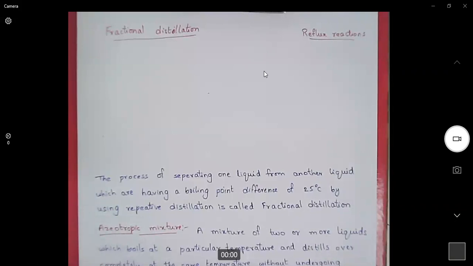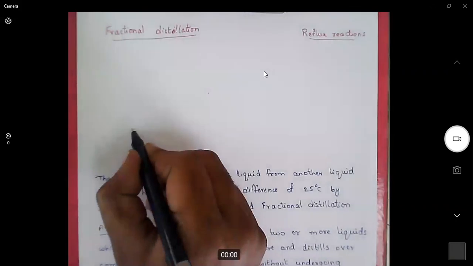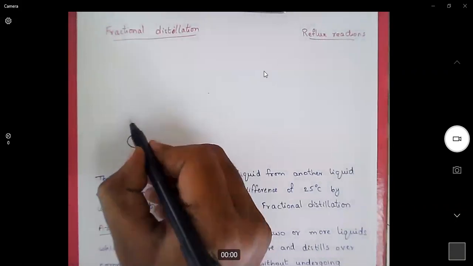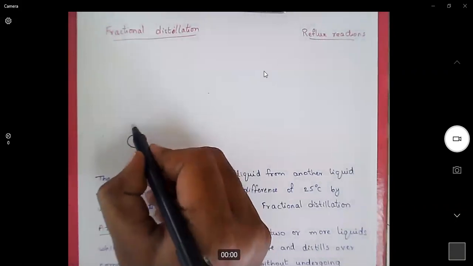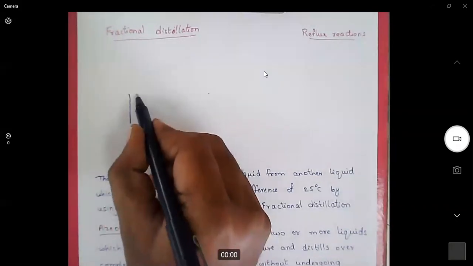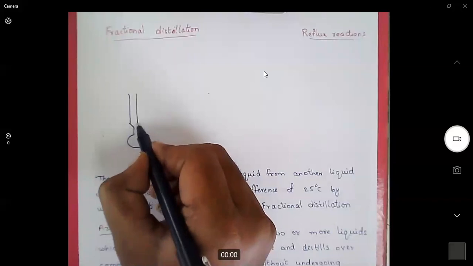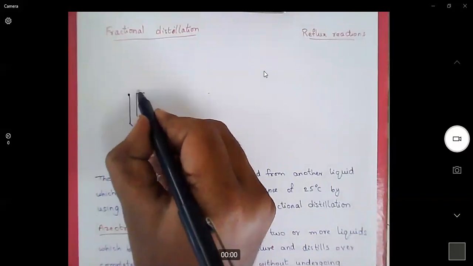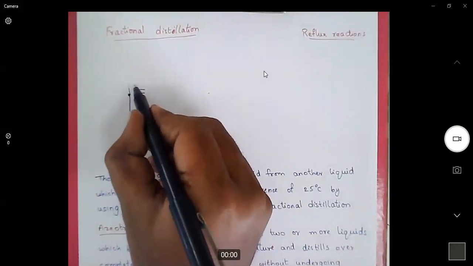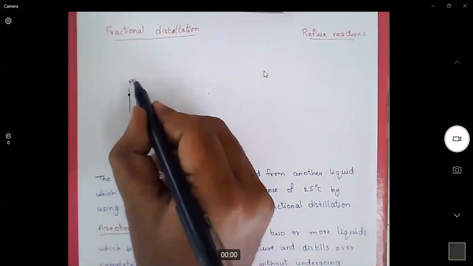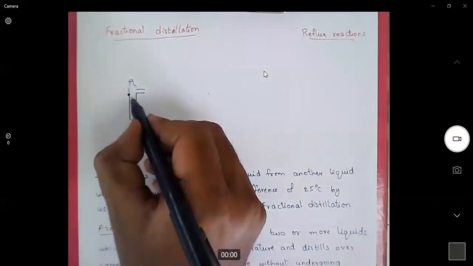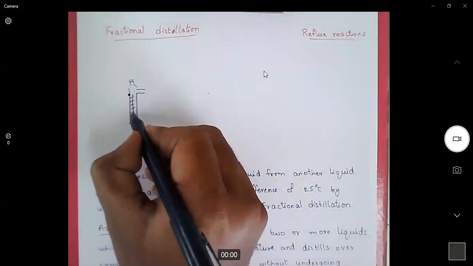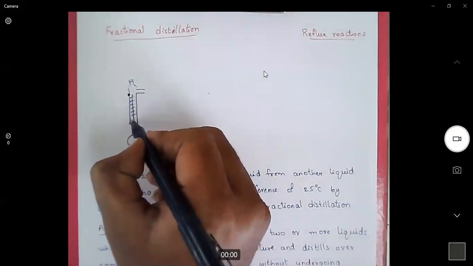What is fractional distillation? It is a little extension to the distillation process where we have a fractionating condenser. In this condenser, there will be another glass rod like this.